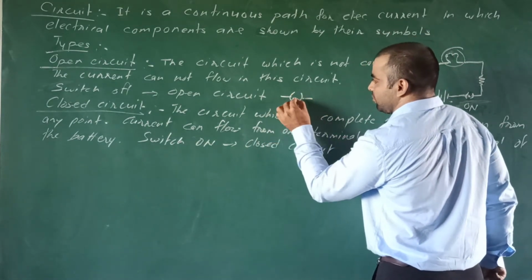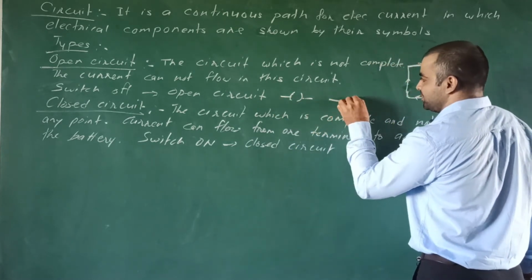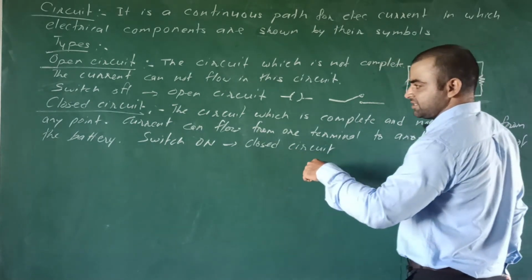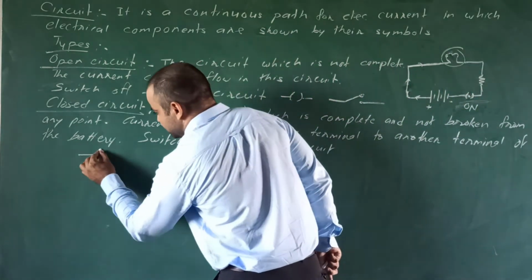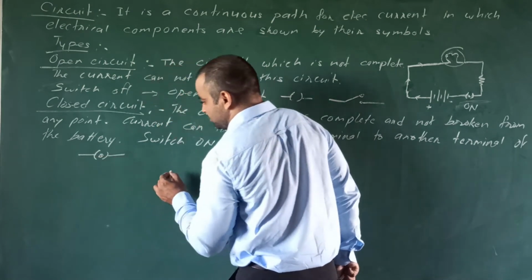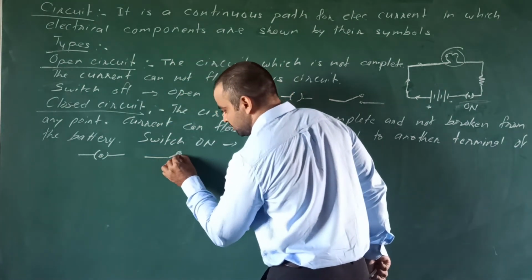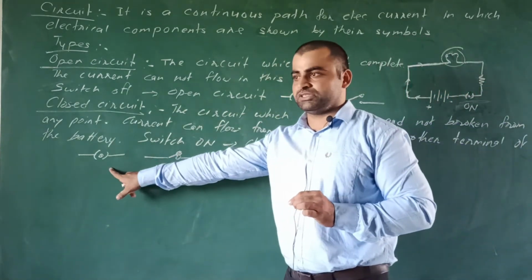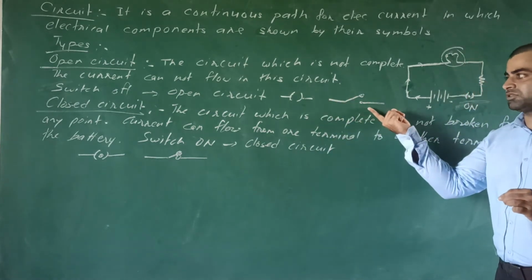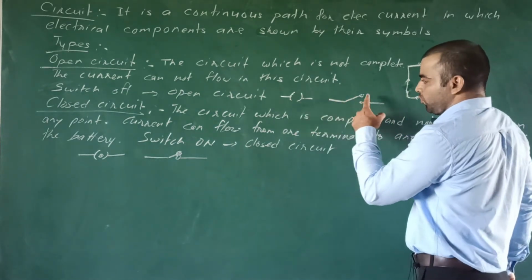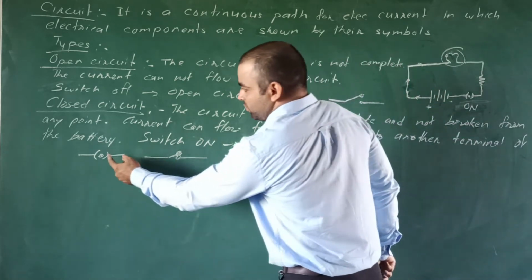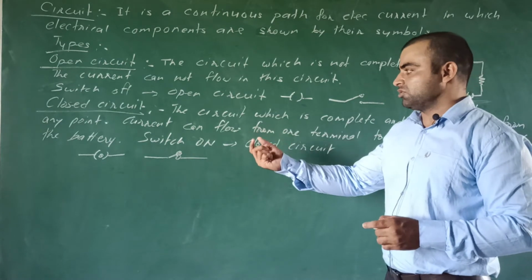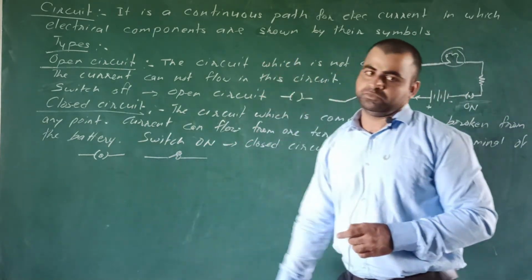If the contact is broken, the switch is off; if the contact is not broken, the circuit is closed, or say switch on. Is it clear?